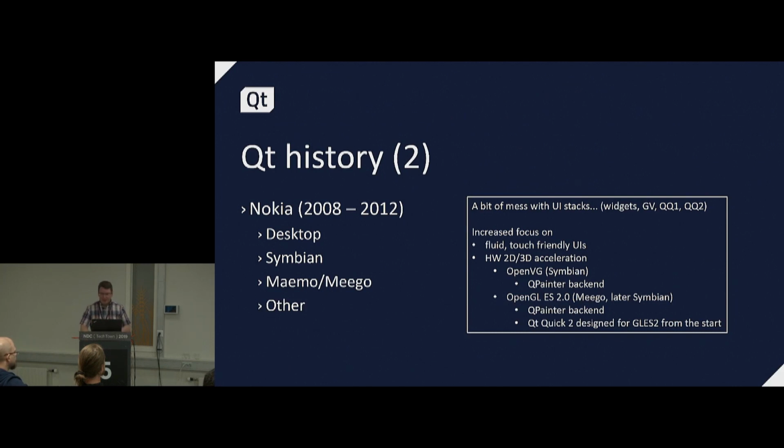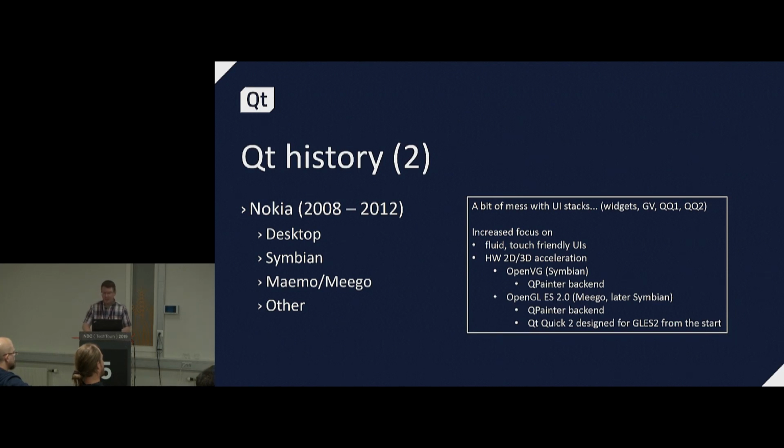And on top of that, obviously the performance mattered here. So in addition to, of course, doing stuff in pure software, QPainter gained the ability to have more paint engines. In Symbian, there was a lot of focus on OpenVG at the time, which is an accelerated vector graphics, so that's more like a 2D-ish drawing thing.